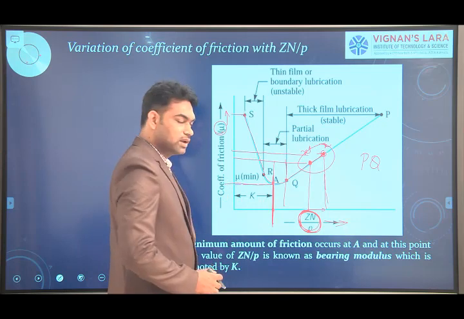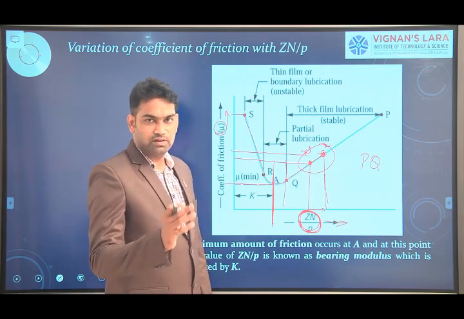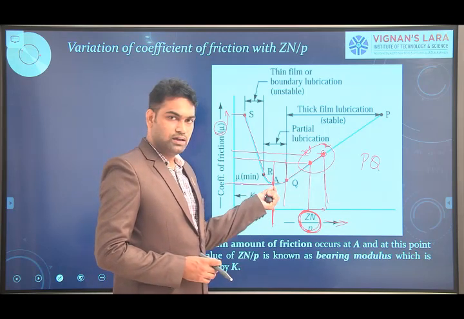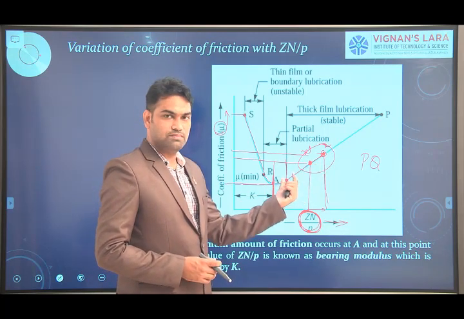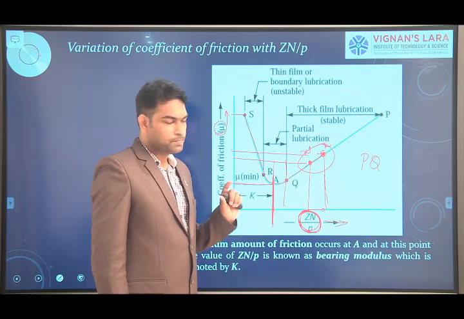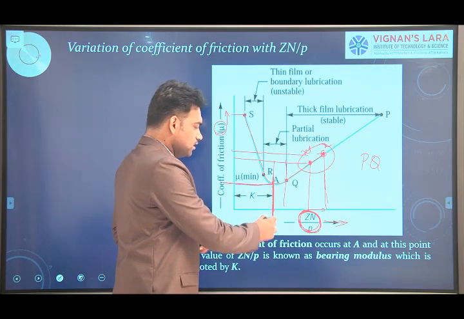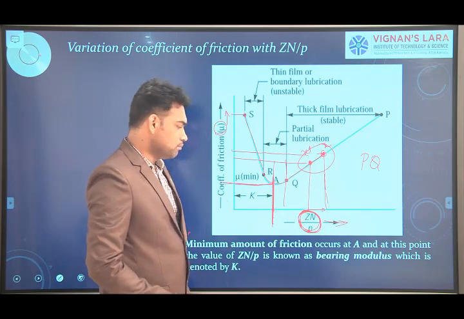This is where we can obtain the minimum coefficient of friction, and we know the bearing should have minimum friction. But if you operate at point A, due to the self-adjusting mechanism, the bearing can directly go into the region of thin film, which is not desired. So at the minimum value of friction, the value of the bearing characteristic number is called the bearing modulus.